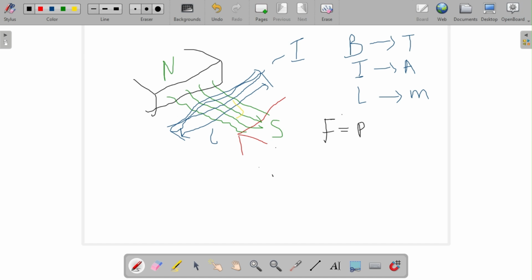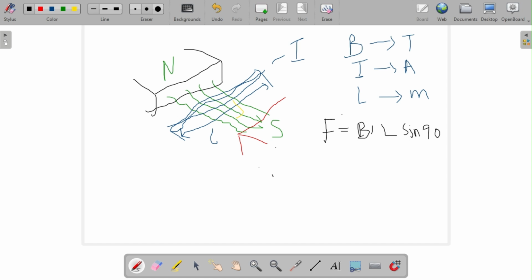I am just giving this without considering the angle in this case. But this can only happen when you have a 90-degree situation, because normally this is meant to be F equals BIL sine 90, because of the perpendicular state. And of course, sine 90 is 1.